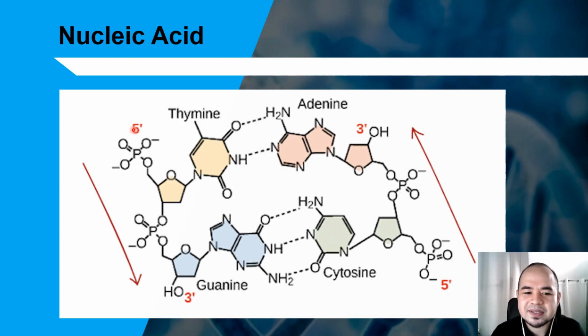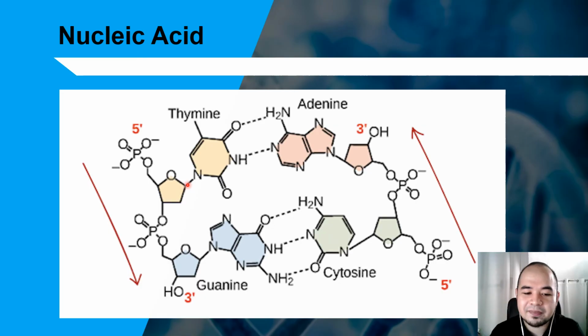Now, what do I mean? Remember this, okay? The carbon that is closest to the nitrogenous base is carbon number 1. In biochem, when you see a molecule with a corner, that means it has a carbon in it. Okay?